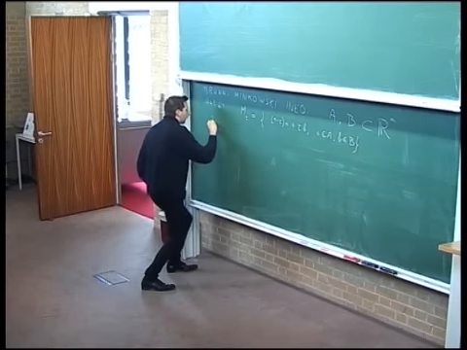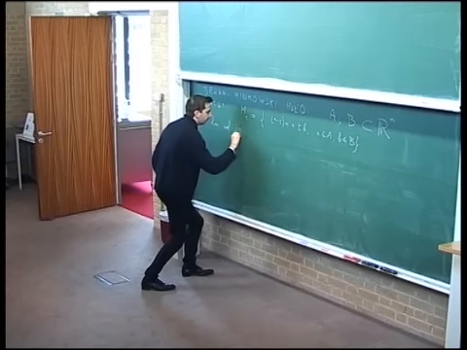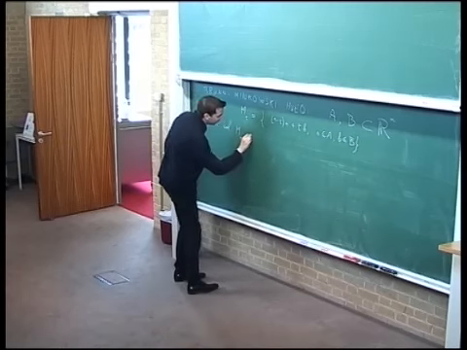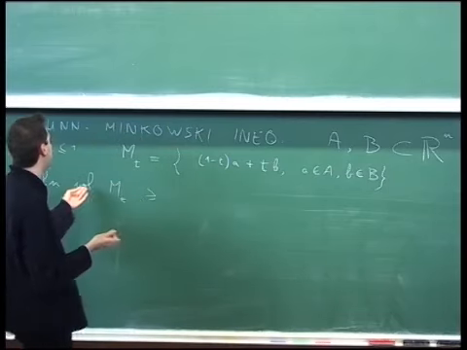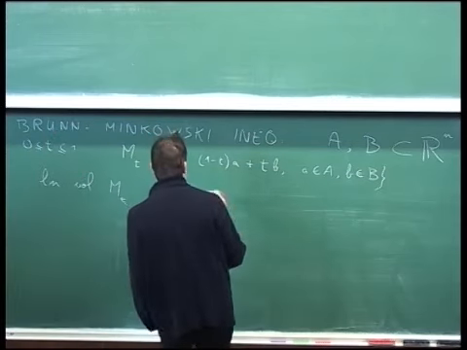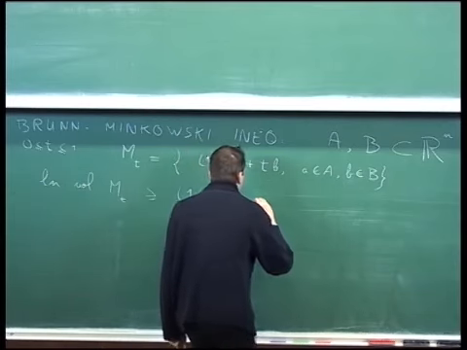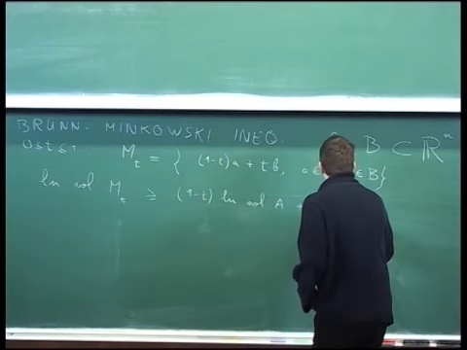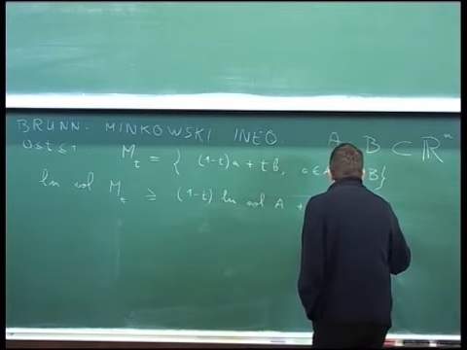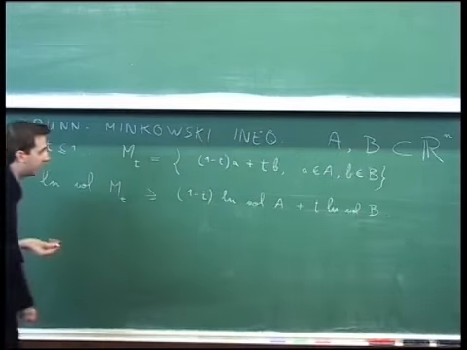The logarithm of the volume of M_t is at least the convex combination of the same for A and B. So (1 minus t) times the logarithm of the volume of A plus t times the logarithm of the volume of B. So that's the starting point.